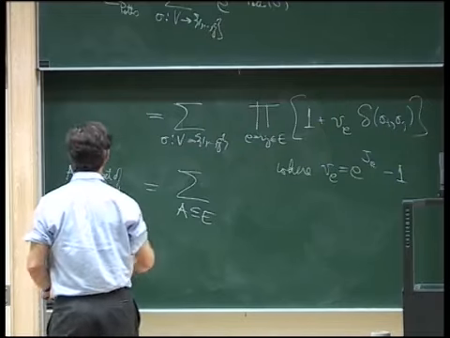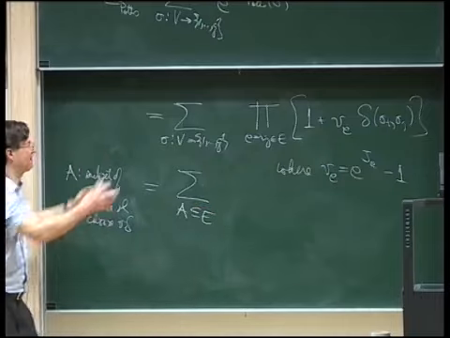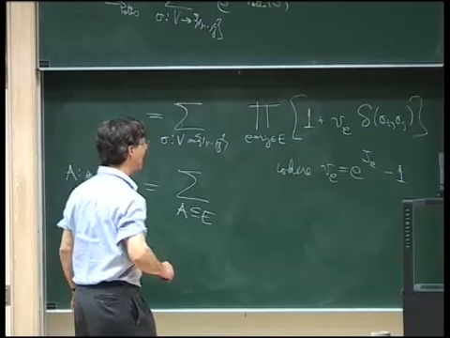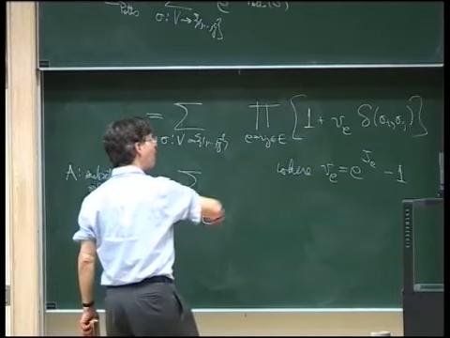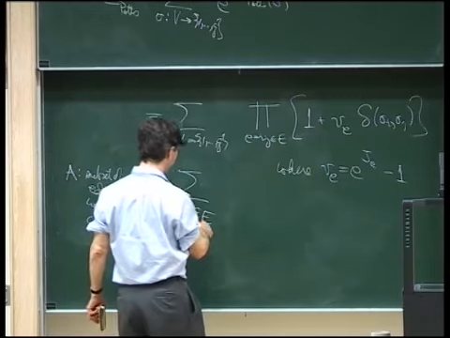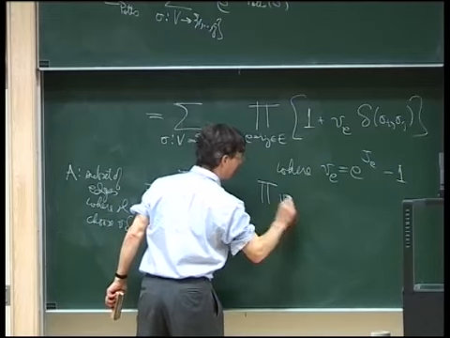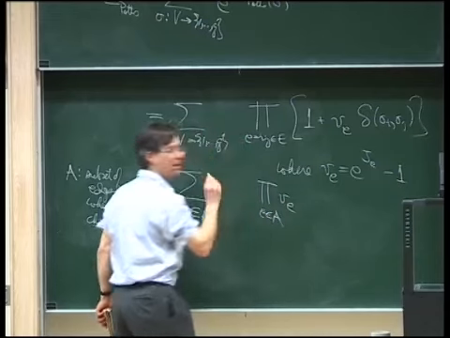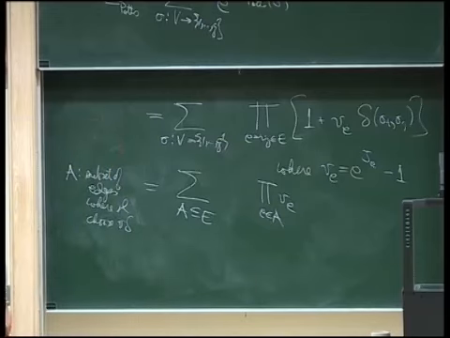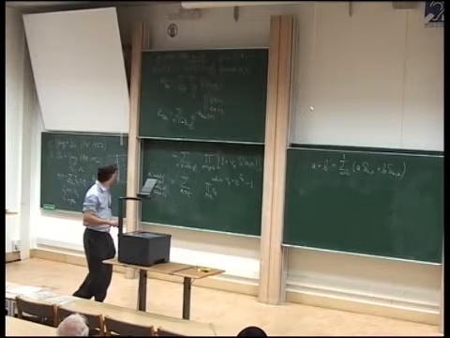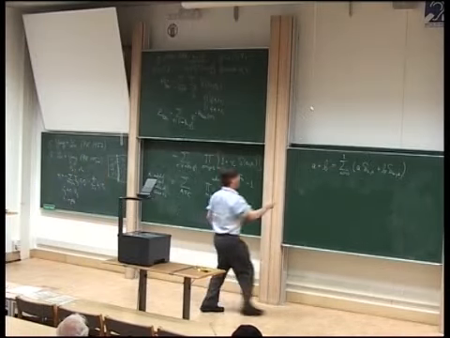So I have to sum over all subsets A of E. That's equivalent to summing over all terms in this expansion. And then what do I get? Well, for every edge in A, I obviously get a factor v_e. Then I also get delta functions that say, for every edge, should I draw a picture? Here's my graph.